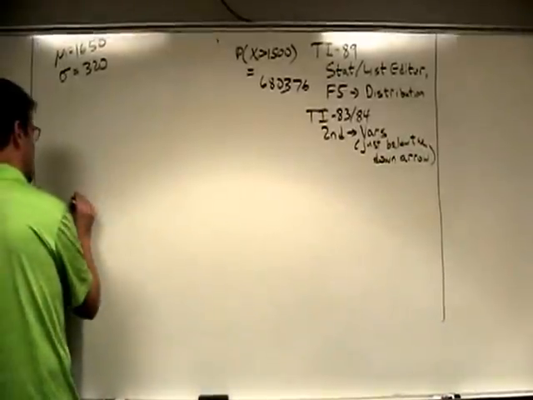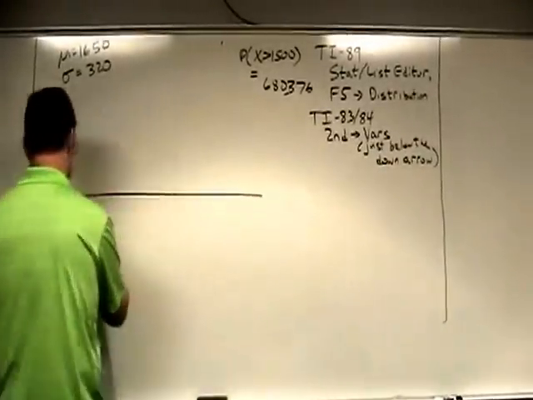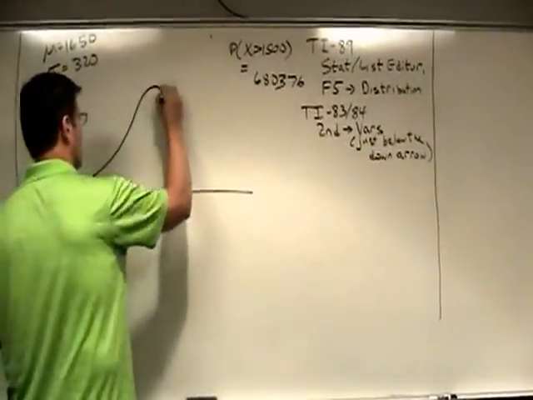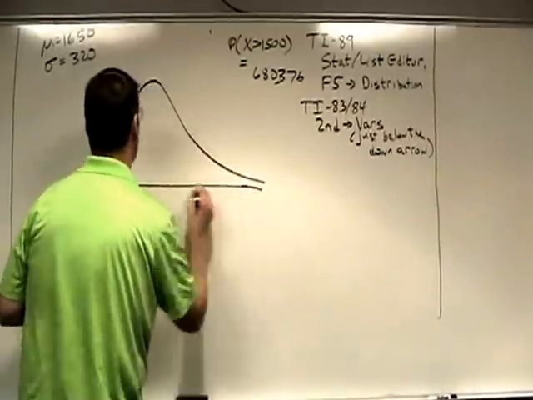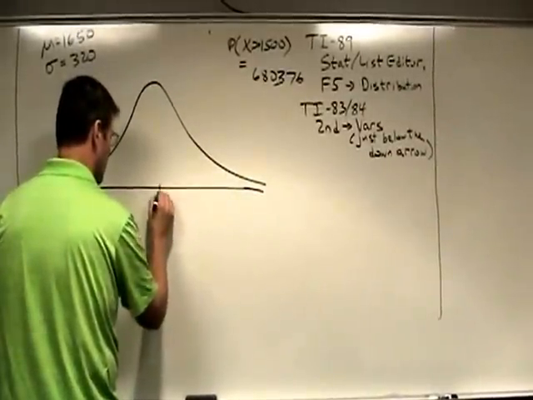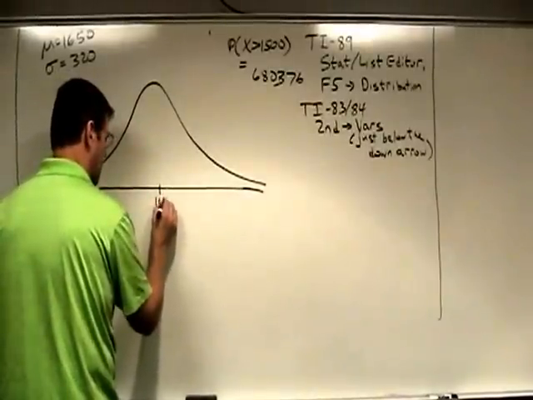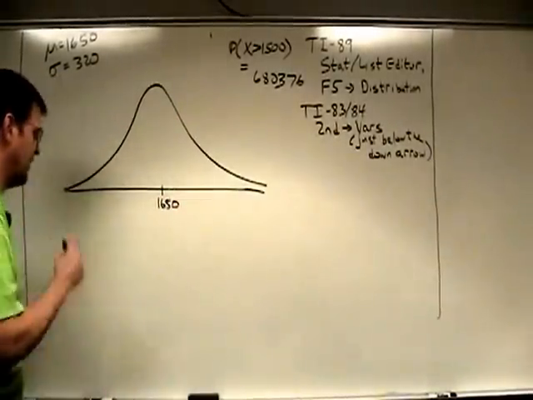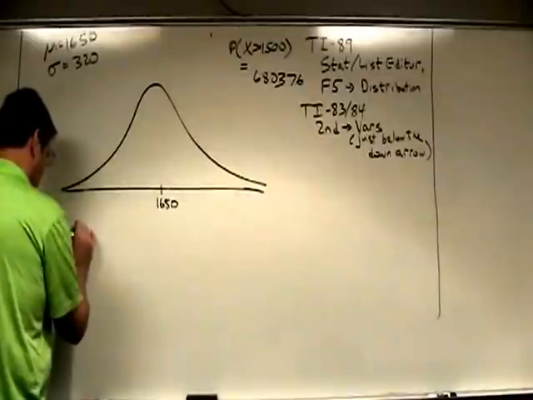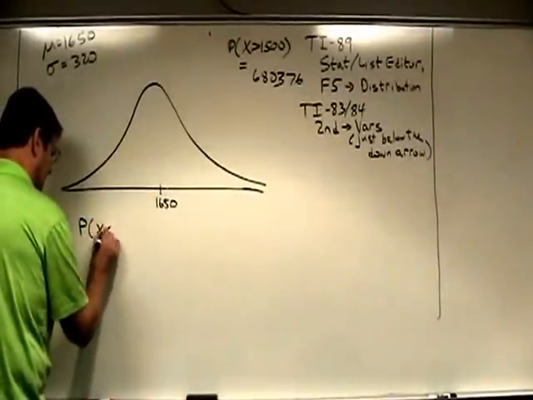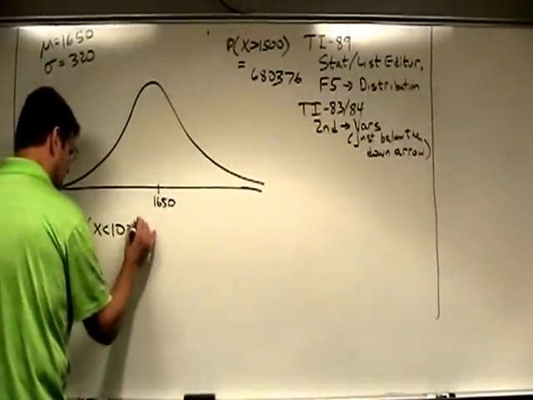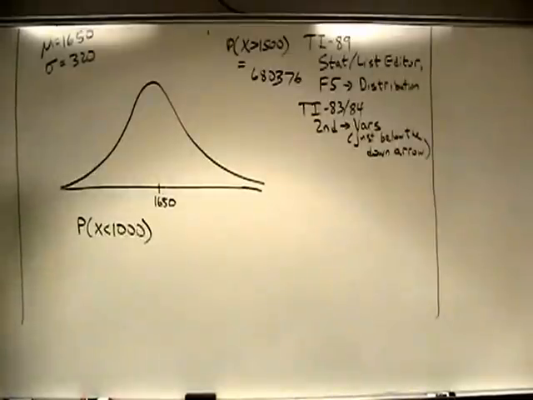Here's our curve again. So here's 1650. And in this case, let's say we're looking for the probability that x is less than 1,000. So we're talking about some pretty low power usage.